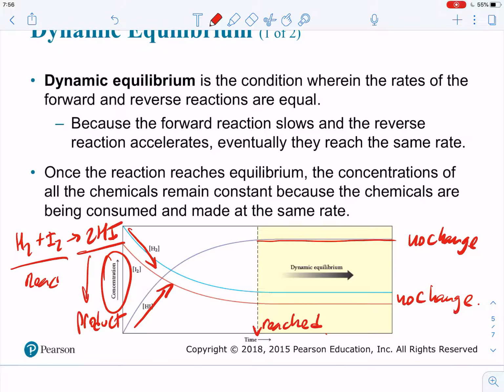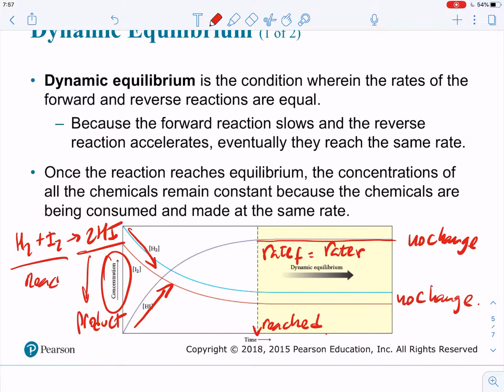Okay, they are still reacting, so those reactants are still producing the product, and the product is reacting back to regenerate the reactants, and that is happening constantly. The thing is, the rate at which those processes are happening is the same. Okay, so if we call the rate of the forward and the rate of the reverse, those rates are equal.